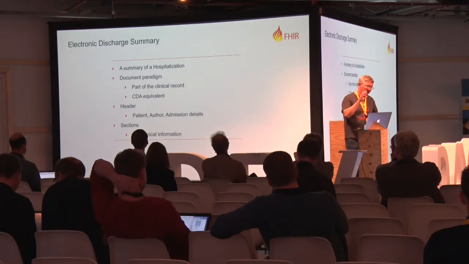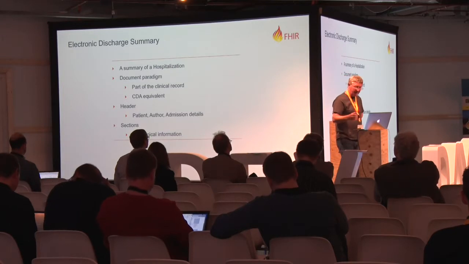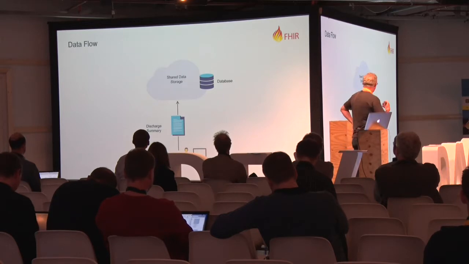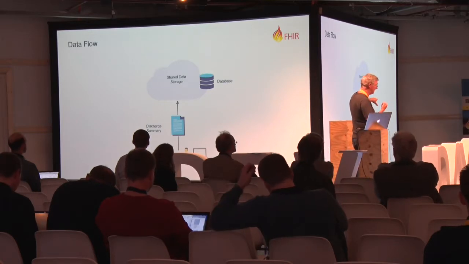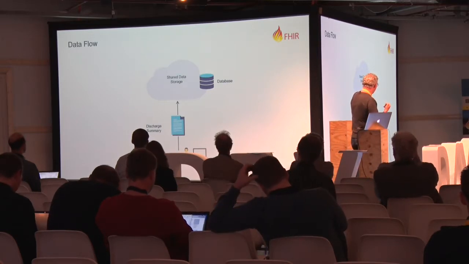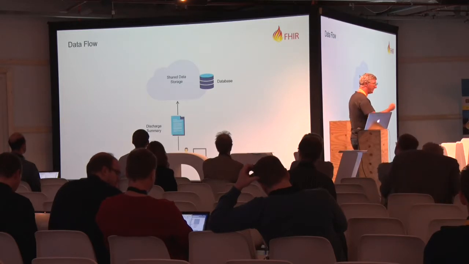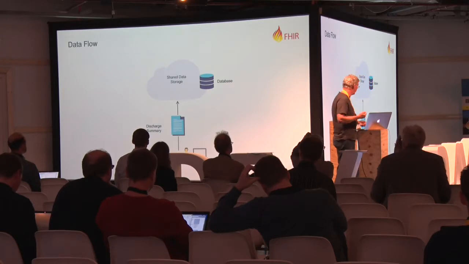So if we think about an electronic discharge summary and how we're going to model it in FHIR, this is the data flow that we might have. So down the bottom there, which of course some of you can't see, is the clinician who's created the discharge summary. And that discharge summary in this particular example is being placed up into some shared data storage of some sort where it can be accessed by other systems.